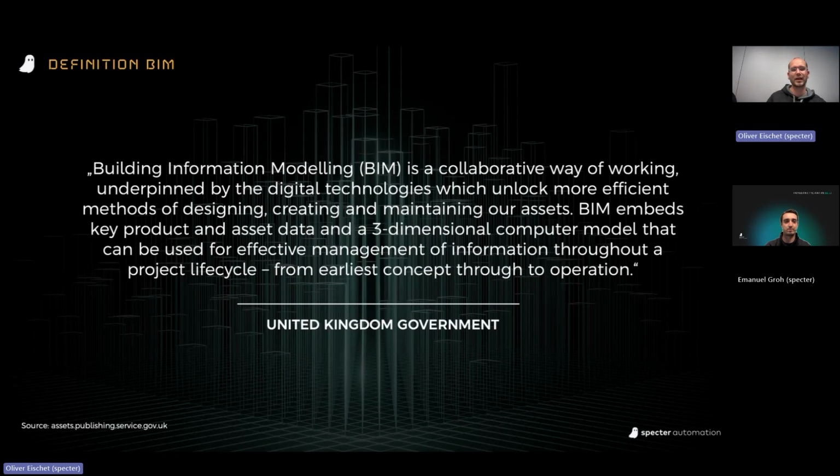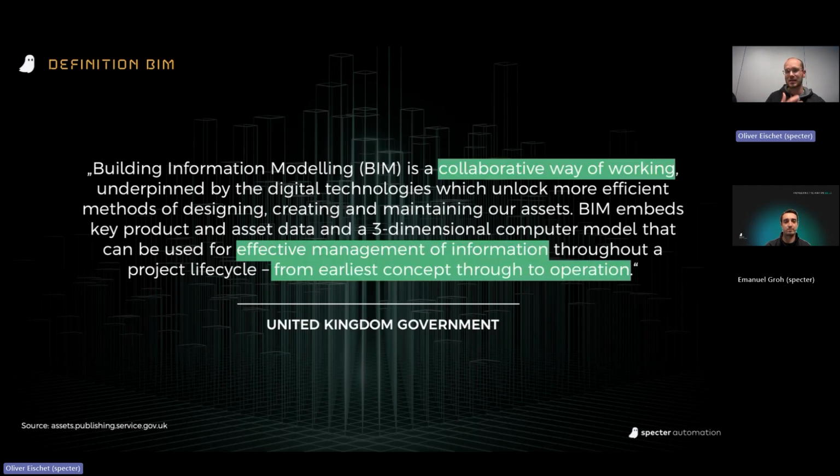Because if we look at the definition, I just want to highlight 3 things, which means BIM is a collaborative way of effective management of information from the earliest concept through operation, right? So in the end, it's about information, it's about data, and having the right data in place when certain decisions need to be taken, maybe in the early phase of a project or through the operation phase in facility management.